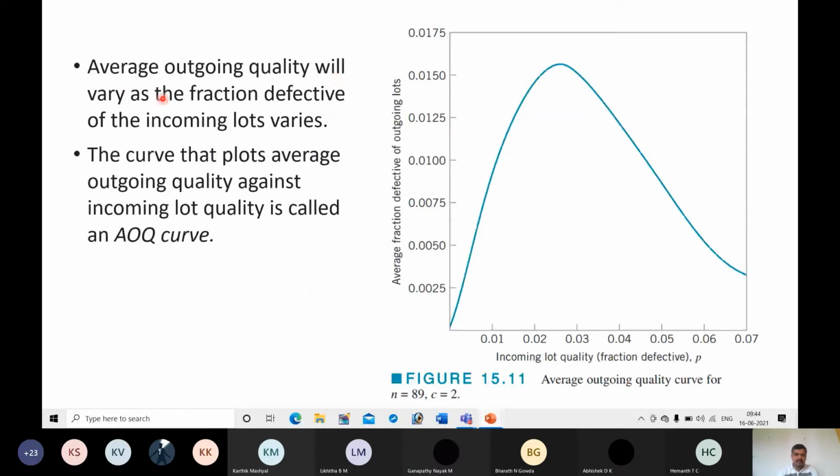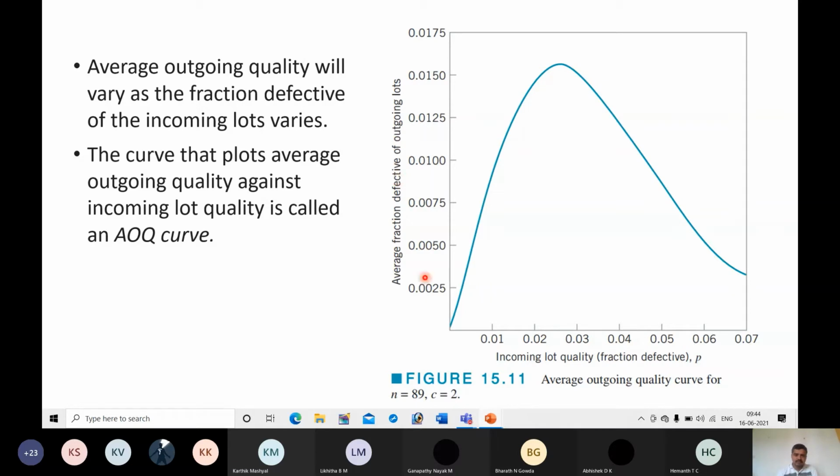Average outgoing quality will vary as the fraction defective of the incoming lots varies. This is called the average outgoing quality curve, where on the y-axis you are plotting average fraction defective values, and on the x-axis the incoming lot quality, that is fraction defective. Here this is a graph of P versus AOQ, the average quality of outgoing lots.